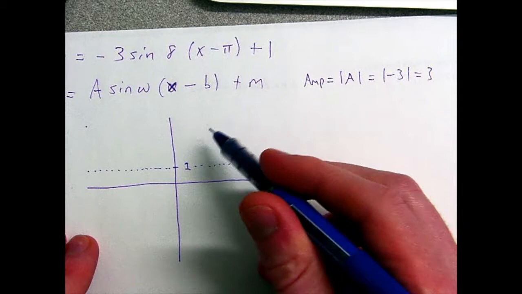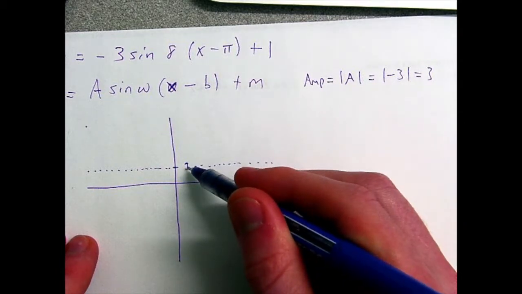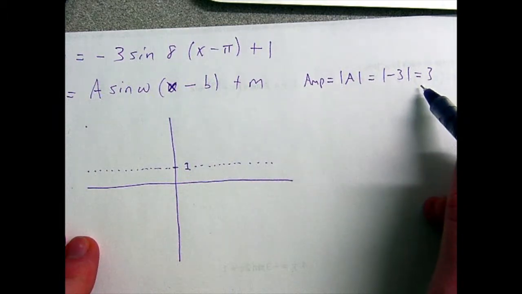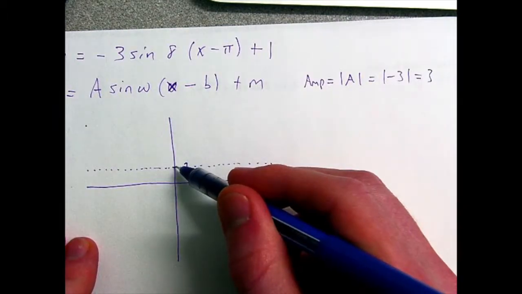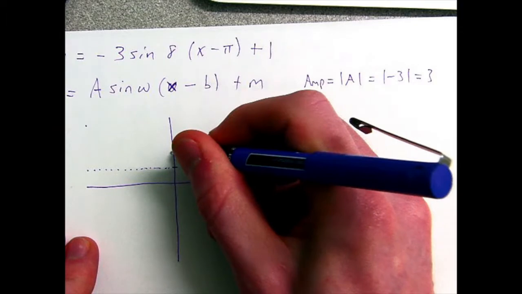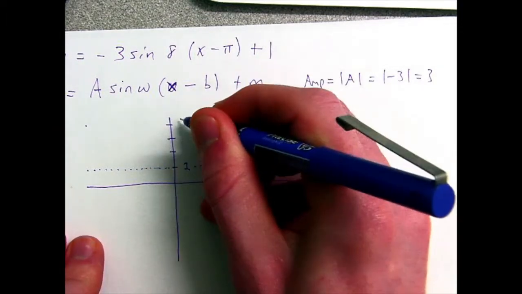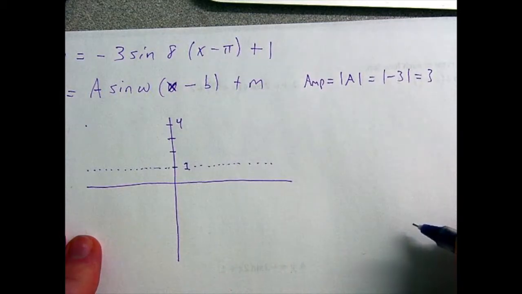In other words, the distance from this midline to the top bounce number is going to be the amplitude, 3. So if I start at the midline and go up by 3 units, 1, 2, 3, that puts me at 4, then this will be the top bounce number, okay?